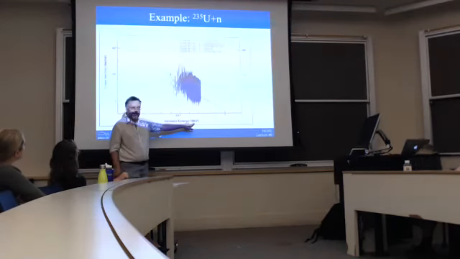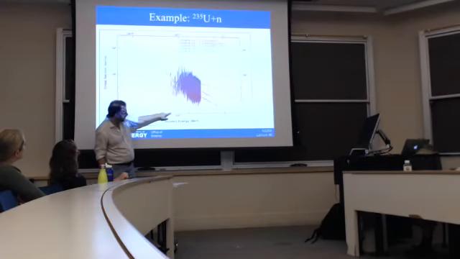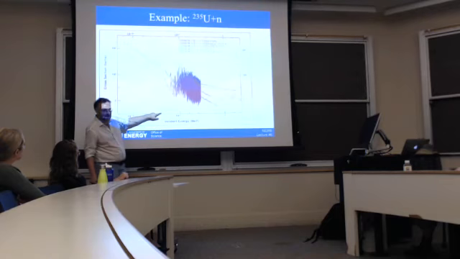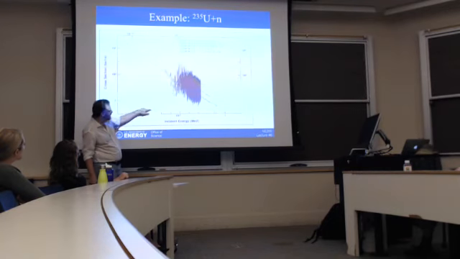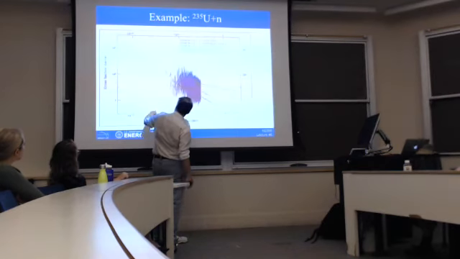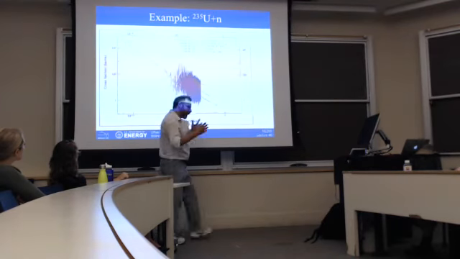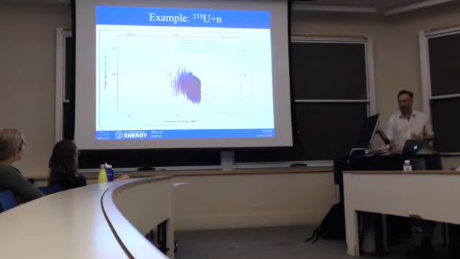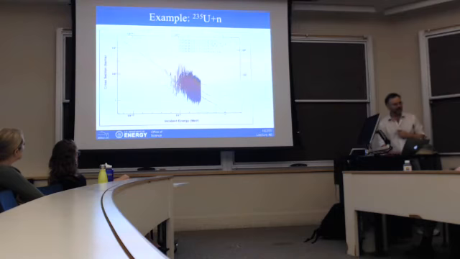So MeV is 10 to the 6, so this is 10 to the minus 6. That is 1 eV. That is 100 thousandths of an eV. That is 10 thousandths of an eV. And so we're right around here. The air molecules here, or the neutrons in a room temperature reactor, have about that velocity.